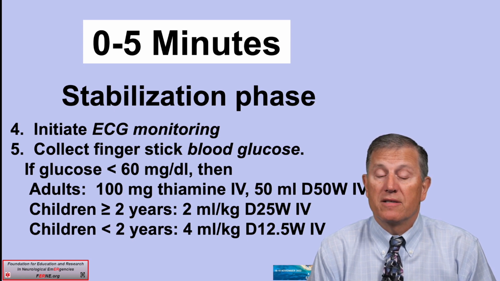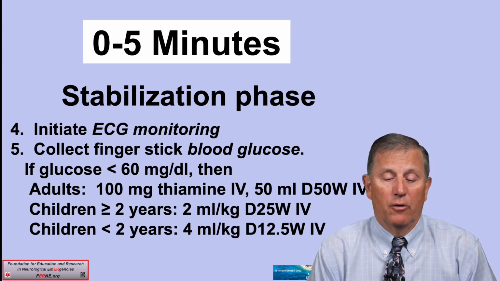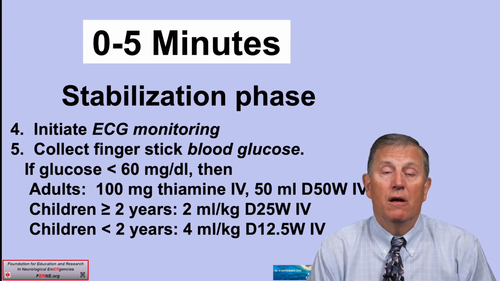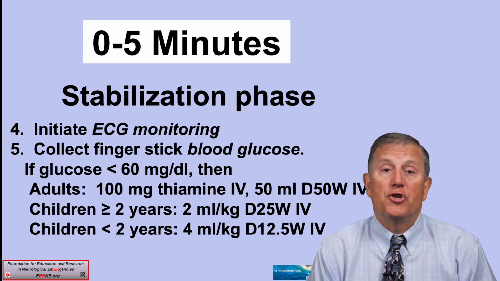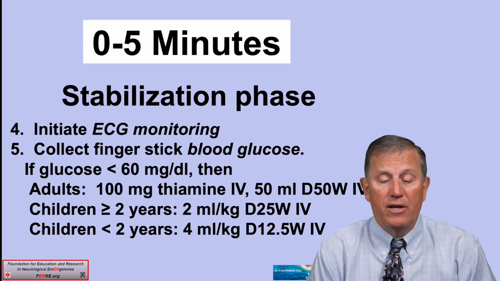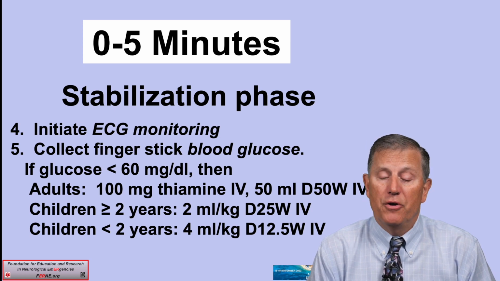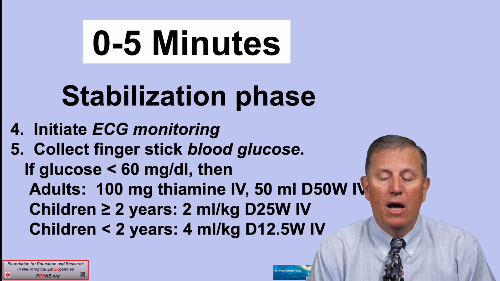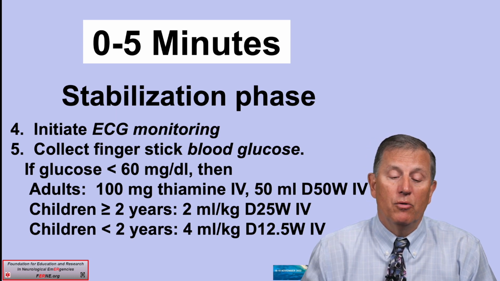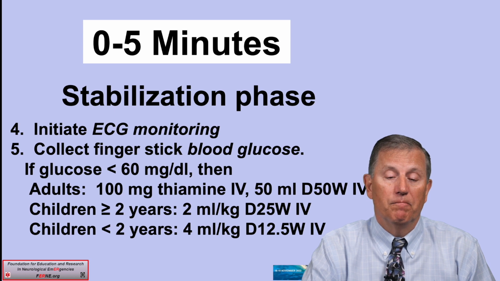If the glucose is less than 60 milligram percent, then in adults, 100 milligrams thiamine IV and 50 milligrams of D50W is provided IV. In children greater or equal to 2 years of age, 2 milligrams per kilo of D25W IV, and in children less than 2 years of age, 4 milliliters per kilo of D12.5W is provided IV.